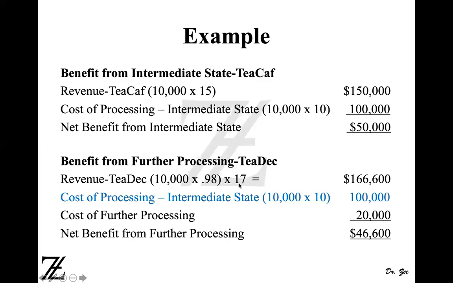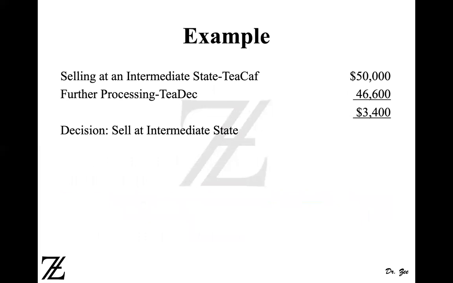So even though the price is $17 and the total revenue from TDAC, 166,600, is more than the total revenue from the TCAF, 150,000, you are not going to make more money, because the net benefit from the intermediate state, 50,000, is more than the net benefit from the further processing, right? There is a $3,400 difference, which is in favor of selling at the intermediate state.